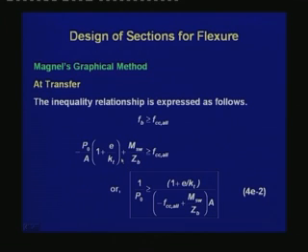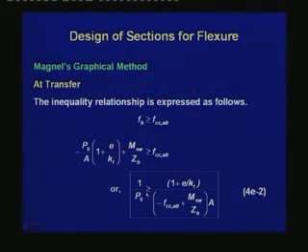Again, this equation is in an algebraic sense, and once we substitute the expression of Fb and we transpose the terms in such a way that on the left hand side we have 1 by P0, and on the right hand side we have all other variables, which includes the eccentricity, the section properties and the self-weight moment, we get the second inequality relationship from the stress condition.